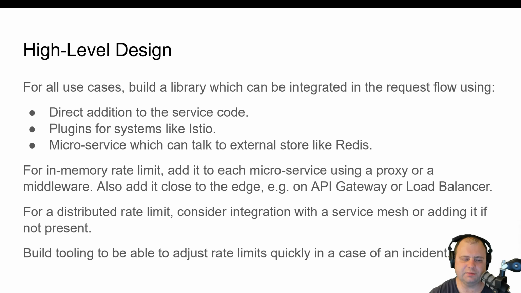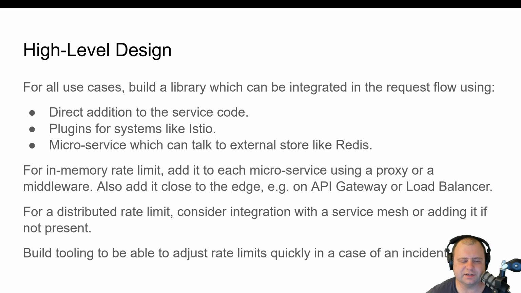For distributed rate limiting, strongly consider integrating with the service mesh or adding one if not present, because otherwise you are essentially building some components of a service mesh. Let's say you have a library inside of each service which talks to something on the network. You already have a flow where a request gets in, it gets out to this centralized service and then gets back in.